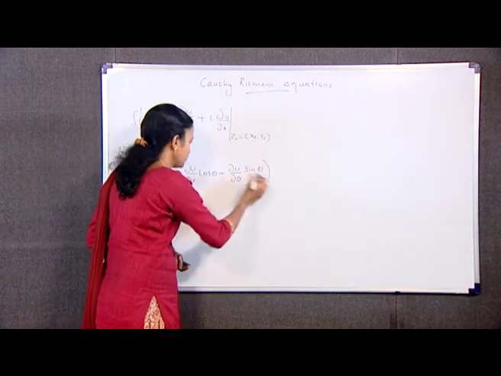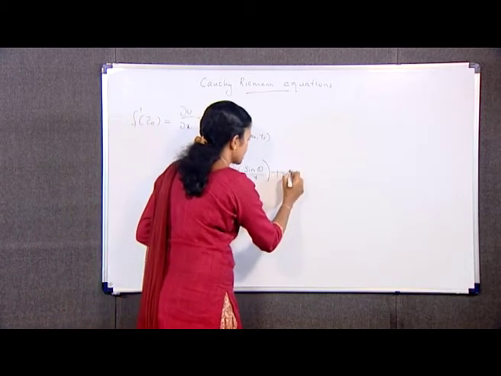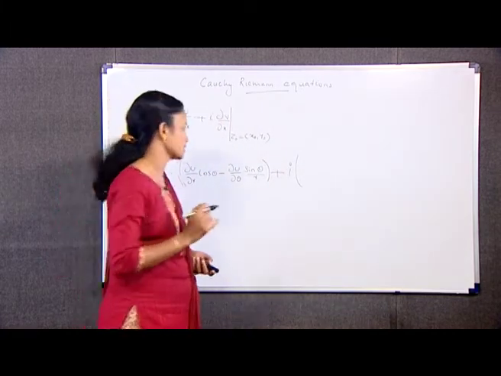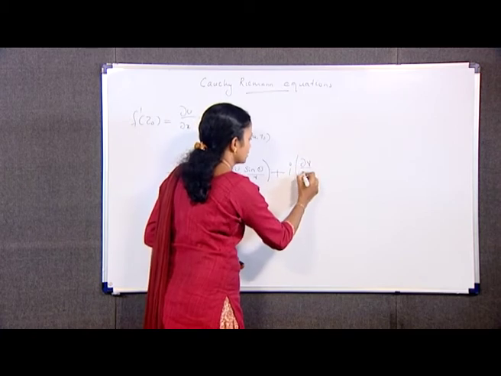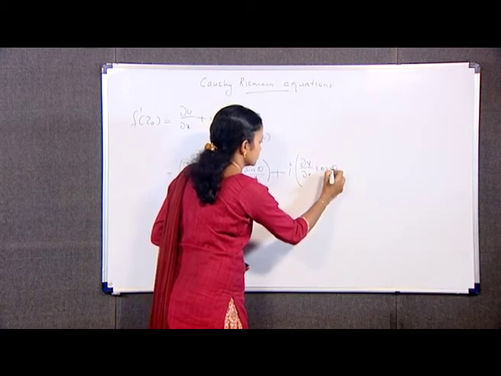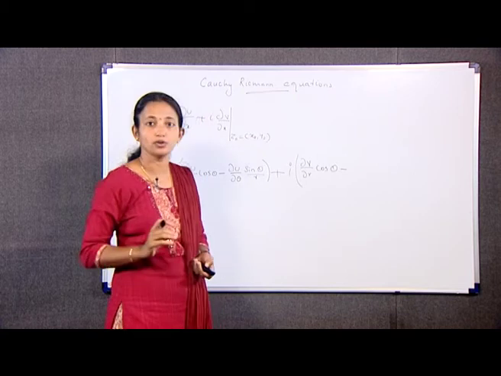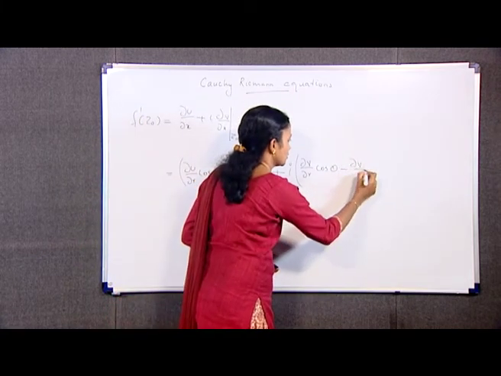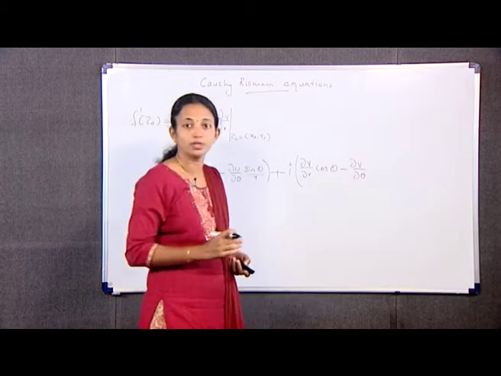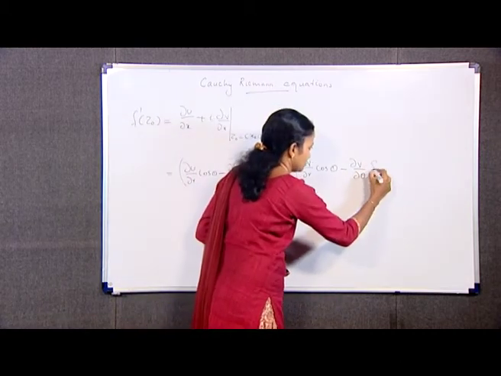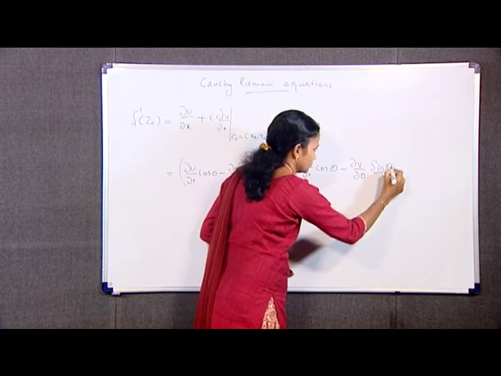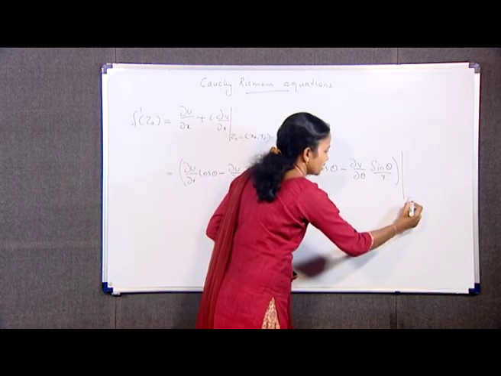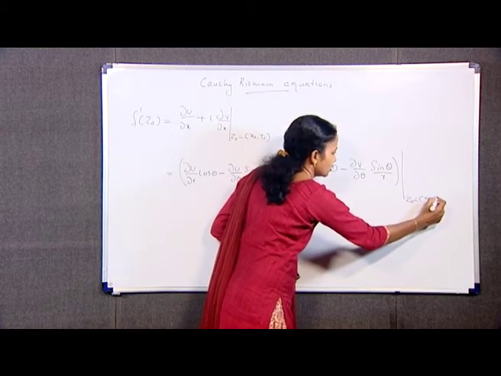This is our first term, plus i into second term, we have dou v by dou r into cos theta minus dou v by dou theta into sin theta by r, at the point where z naught is equal to x naught y naught.